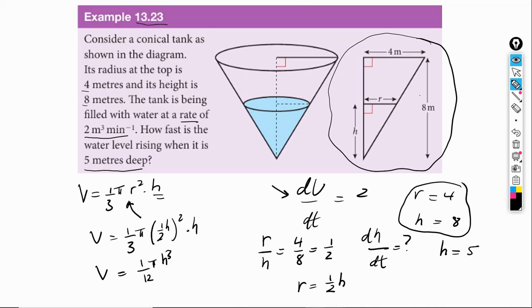So this is what we're going to use to find the rate of change of the height, which is what they're asking for in this question. So I need a little more room here. So let's get rid of this stuff that we did at the beginning.